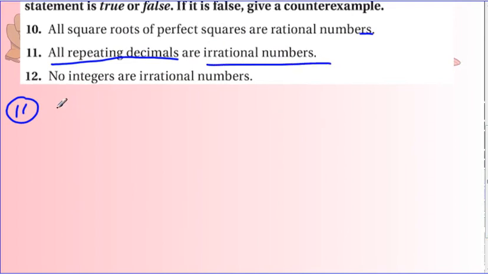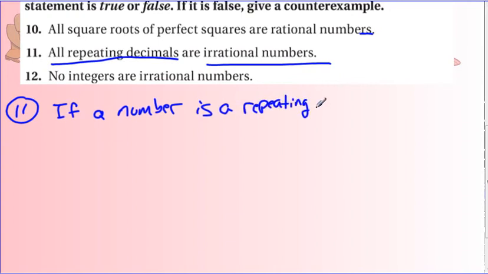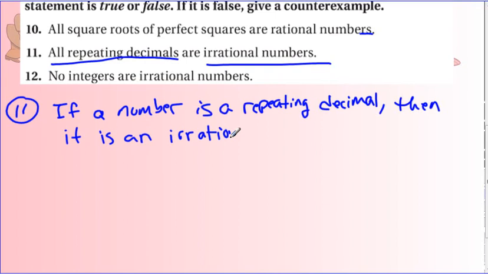Okay, so if a number is a repeating decimal, then it is an irrational number. So there's the if-then statement.